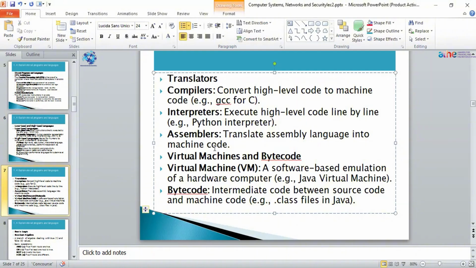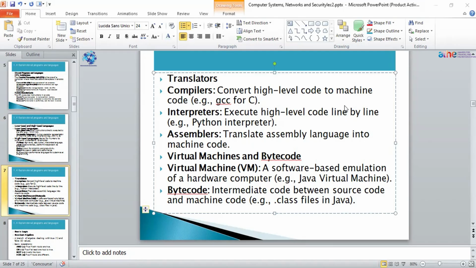So translator, as I told you, the computer only understands the language of zeros and ones. Means the machine code is understandable by the computer. So what these translators will do, they will convert the code of high level language into the low level language. Now, what are the high level languages?